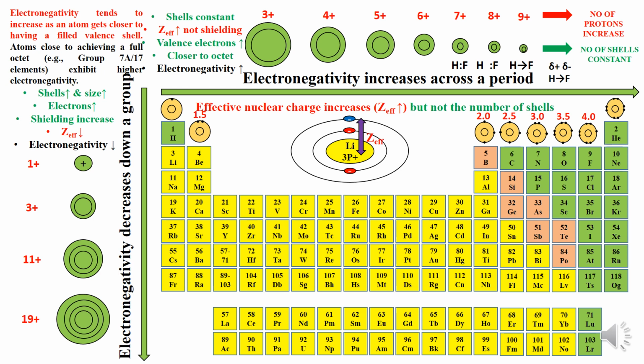So as you go down the group, shells increase, the size of the atom increases, the number of inner core electrons increases. This leads to an increase in shielding, and effective nuclear charge goes down, and finally the end result is the electronegativity value decreases as you go down a group.